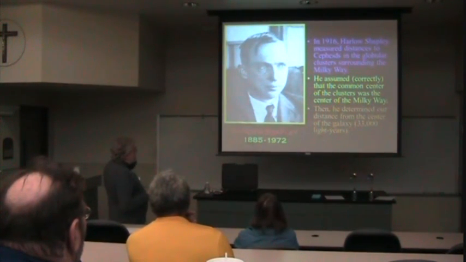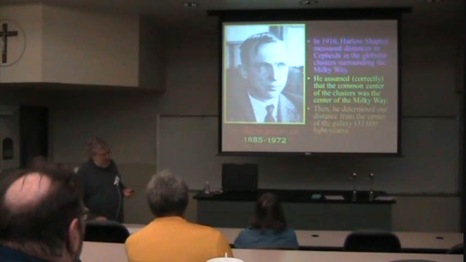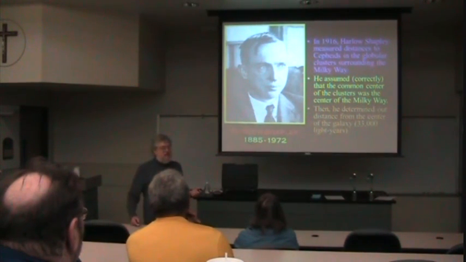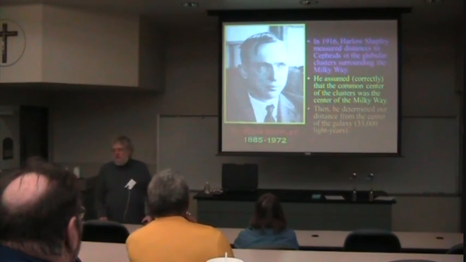When Harlow Shapley measured the distances to Cepheids in the globular clusters, he at first came up with a size of the Milky Way that was about half what we think it is today, because his logic was flawless, just like Aristarchus.